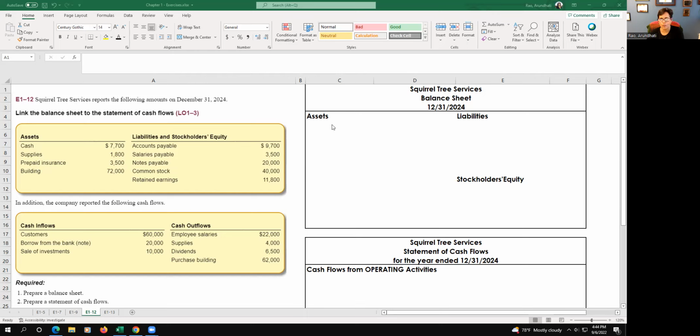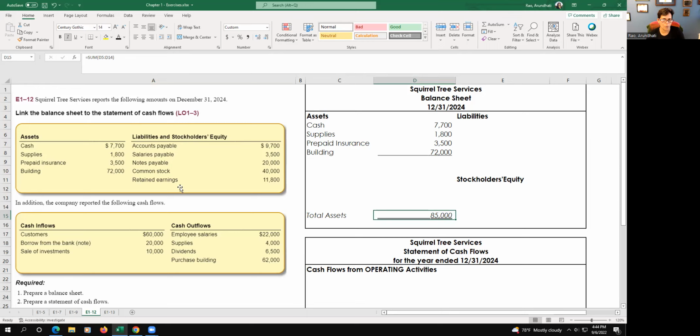So I just bring all of these numbers over here. So I will start with my cash, supplies, prepaid insurance. So I just list out all these numbers over here. Nothing more to be done there. Okay, and then over here at the bottom, I have total assets, and I just added up all those numbers. Total assets is 85,000.